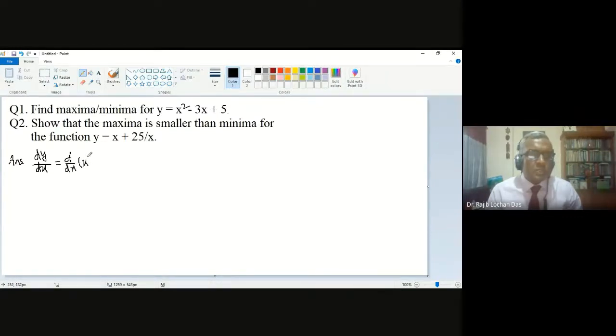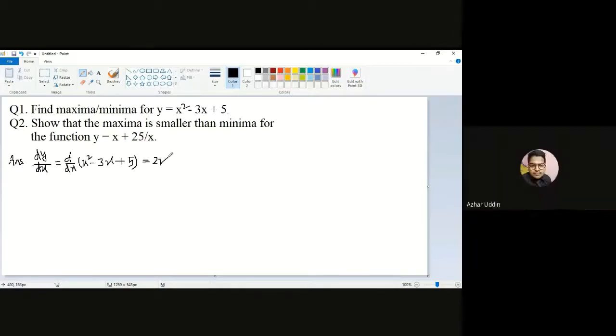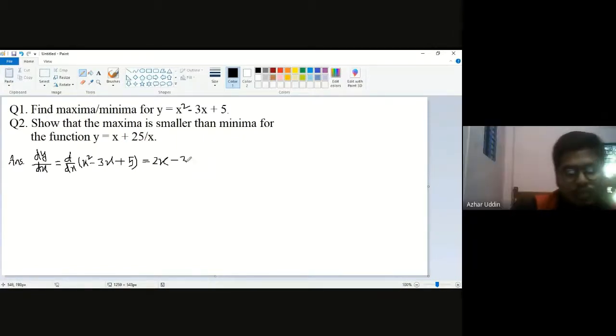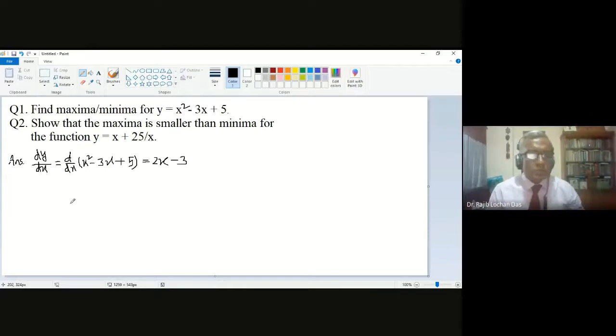So what will be the answer? Everyone knows. So you can just write your answer in your khata and you can tell me what should be the answer here. It is 2x minus 3. So everyone is okay with this, right? This is 2x minus 3.